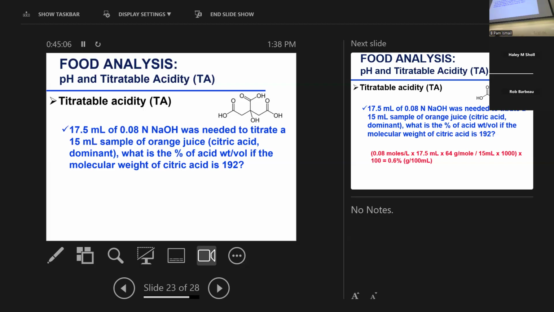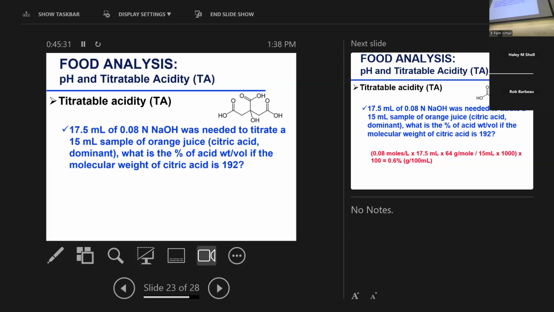So this is always the equivalence. At the equivalence point of the reaction, you have normality times volume times equivalent weight, divided by the weight or volume of the sample, times 100. In this case, it's going to be weight by volume.